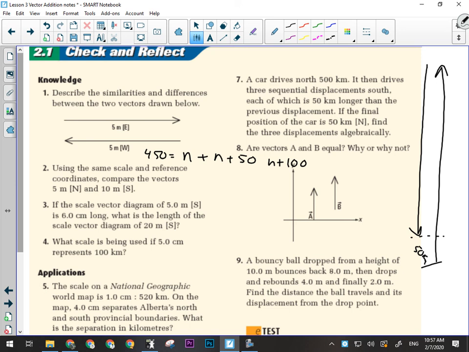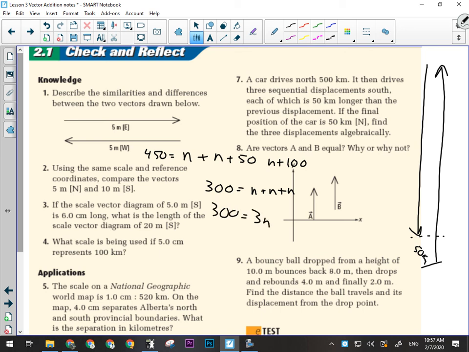All right, so can I move the 50 and the 100 over there? Yes. So I'm going to subtract the 50 and the 100, bring them over, and what I'm left with is 300 equals n plus n plus n. What's n plus n plus n? 3n. So 300 equals 3 times n.